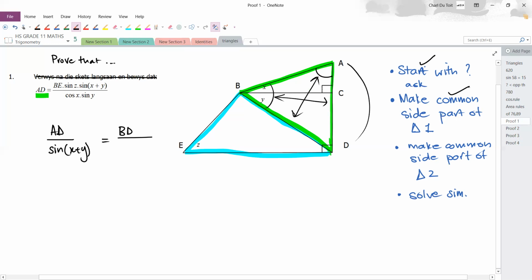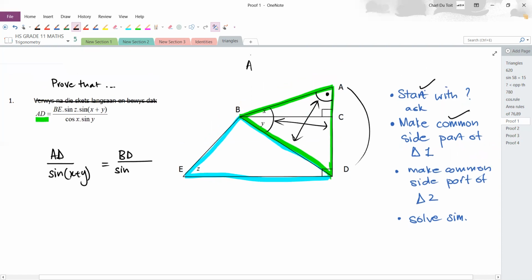I told you it's kind of confusing. Sine rule: AD on top of sin of that angle, x plus y, and then DB over sin of A. Now, what is A? Can we find the angle A? I can use this pink triangle here.